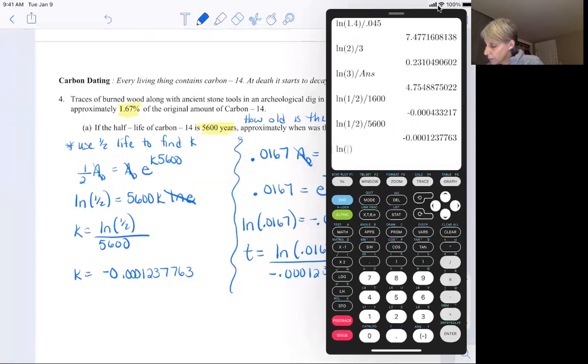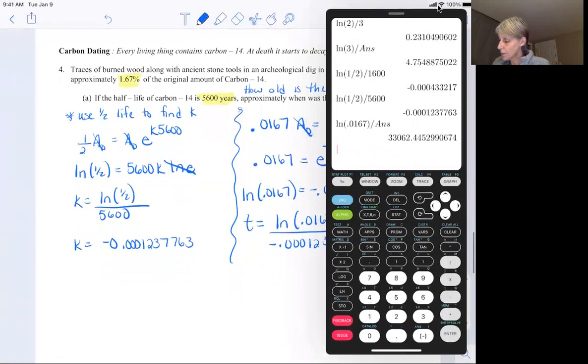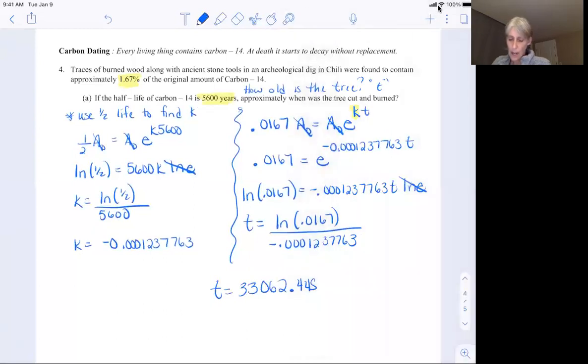ln of... and I get 33,062.445. I know it sounds a little silly there, right?